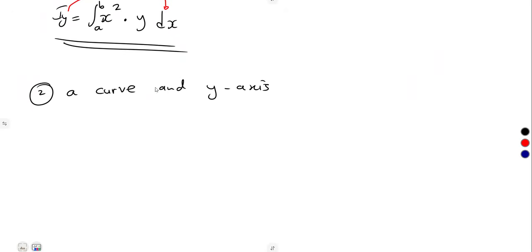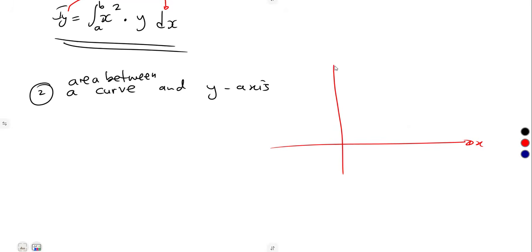All this is the area between a curve and the y-axis, so it will be the second moment of area of that. So let's say this is the condition.